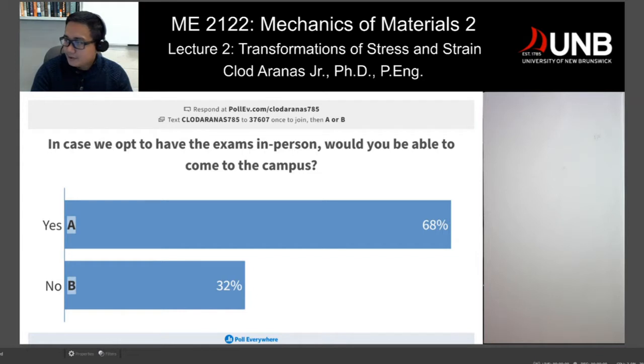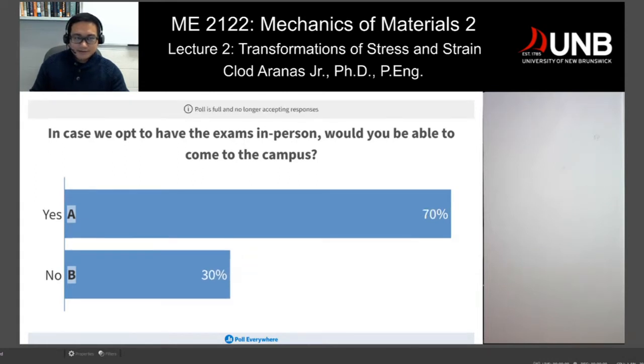Eventually it will become full because I think I'm only allowed to have 40 respondents. Okay, so around 60 or 70, 30 around that. Oh, it's full right now, so around 70-30. So my guess is kind of correct.